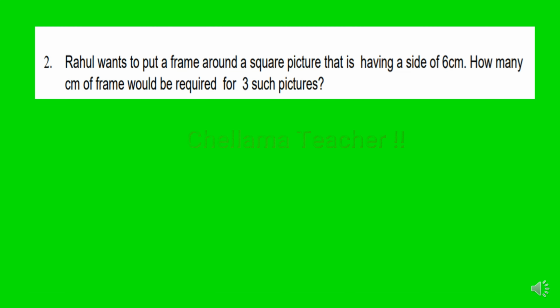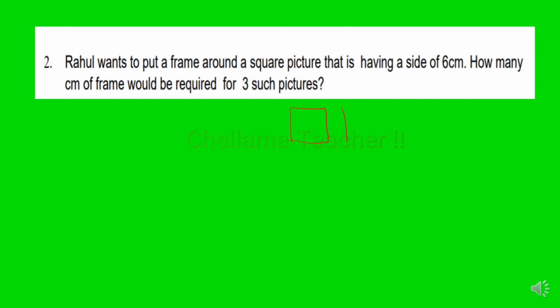Question 2. Rahul wants to put a frame around a square picture that is having a side of 6 centimeter. How many centimeter of frame would be required for 3 such pictures? Let us consider a small square picture.